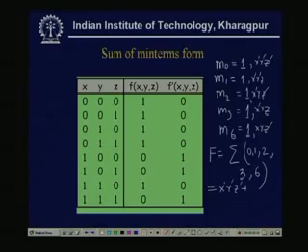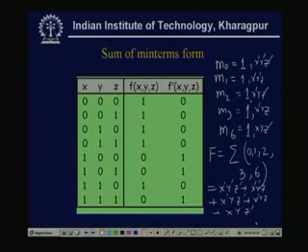So, as this is a sum of product form, I can write the OR of all these terms. So, this becomes x dash y dash z plus x dash y z dash plus x dash y z plus x y z dash. There are 5 ones in the f function, so this will be the expression.